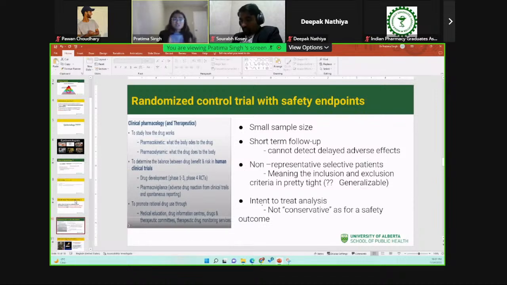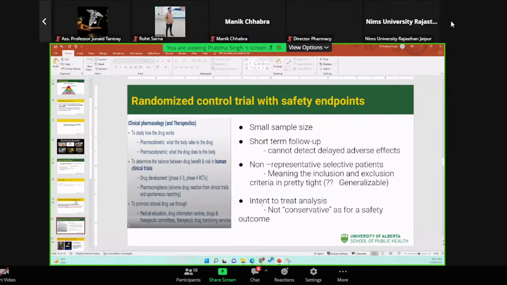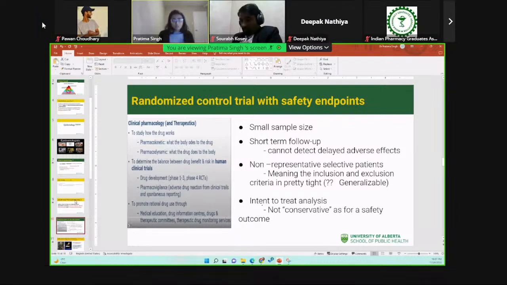The studies are very short term, right? We have an intent to treat analysis method where we exclude safety. We do not talk about safety. So those are the harsh realities of clinical trials in general. There are a number of benefits for sure, but then there are these two harsh realities. And that's why, in a country like India, which is populated, we cannot apply those studies in the real-time scenario, right?